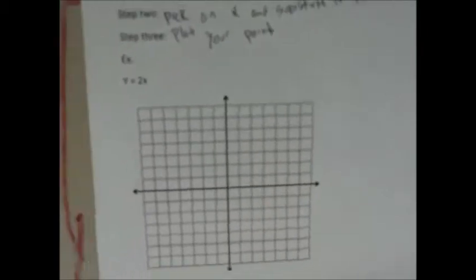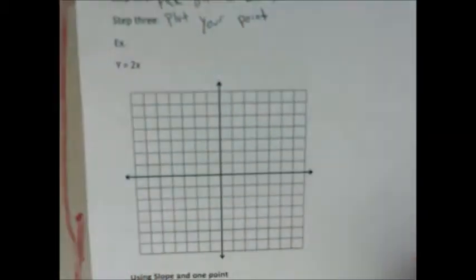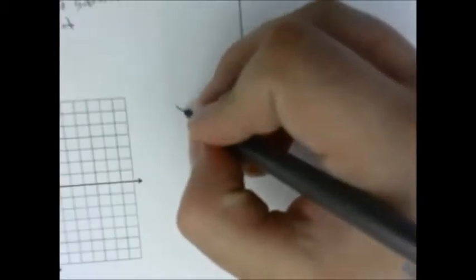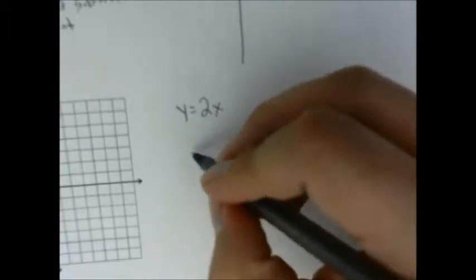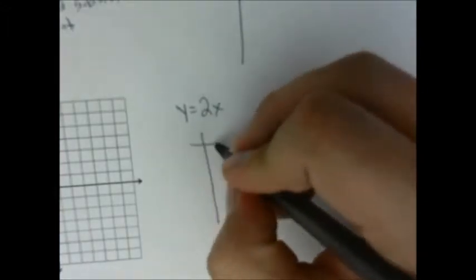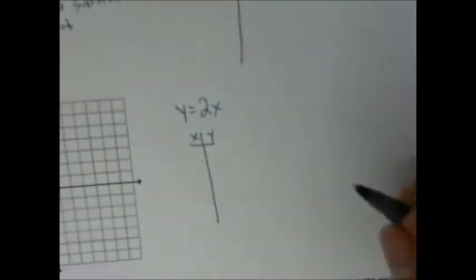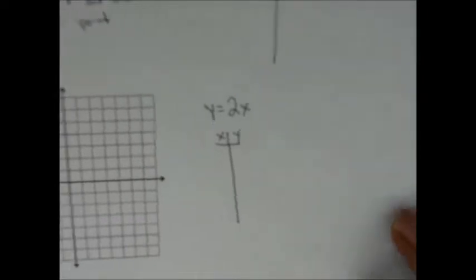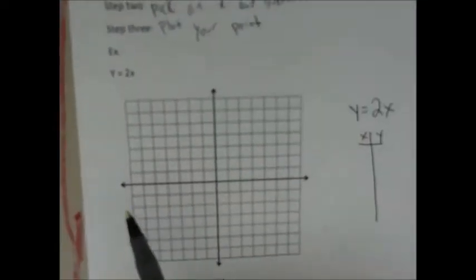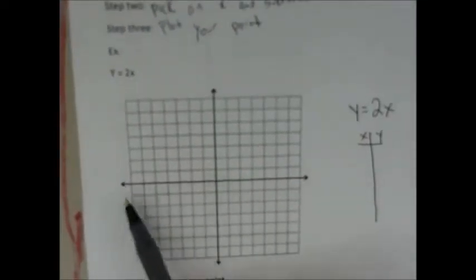Okay, so let's give you an example. Right here, we have y equals 2x. So I'm going to make a little t-chart over here. Once again, we're going to make the x, y, t-chart. Now when I say pick an x, I mean I don't really care what x it is. But for the sake of this graph, you might want to pick something that you can actually see.